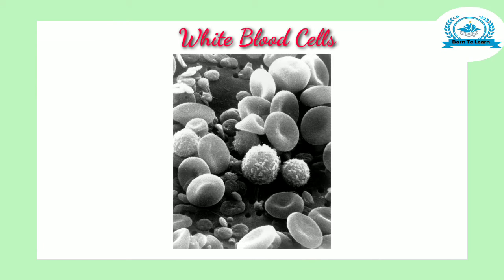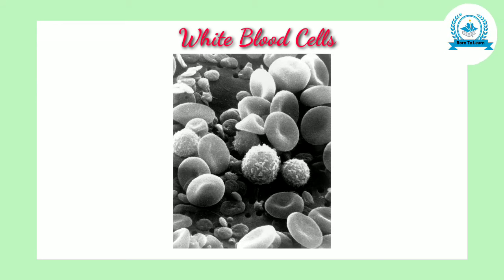In other words, white blood cells manufacture antibodies which are responsible for providing immunity in our body, due to which we are protected from disease and infection. In fact, white blood cells are called soldiers of the body. This is because they protect the body from the attack of disease causing germs, pathogens, and other harmful foreign materials.